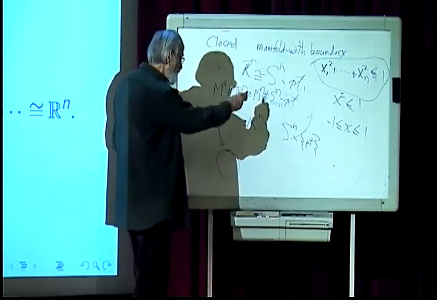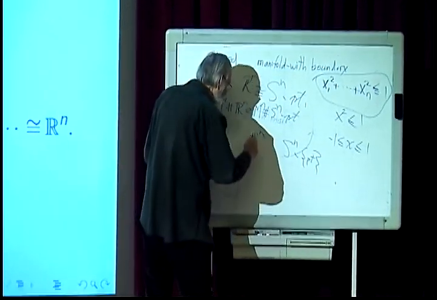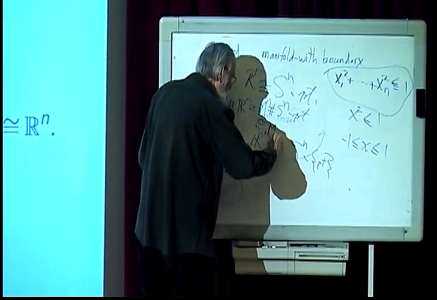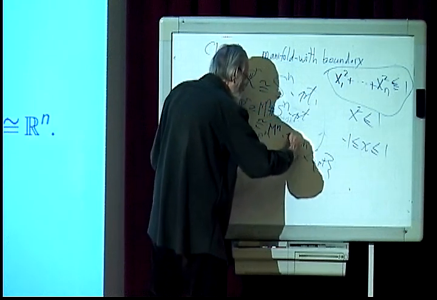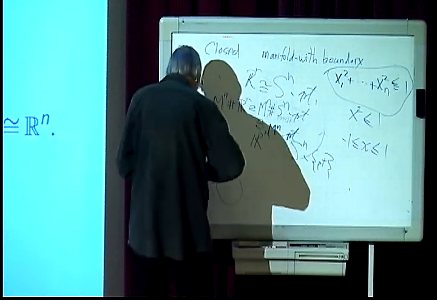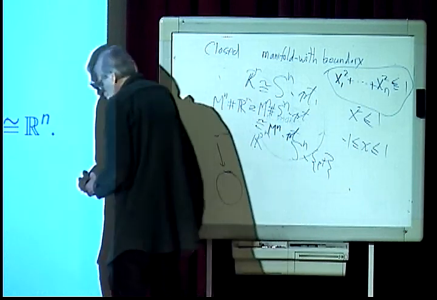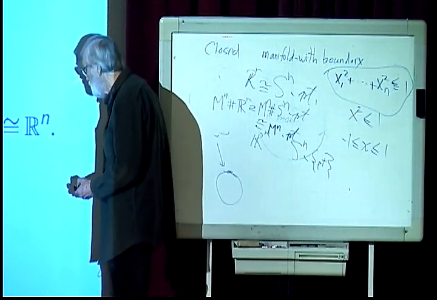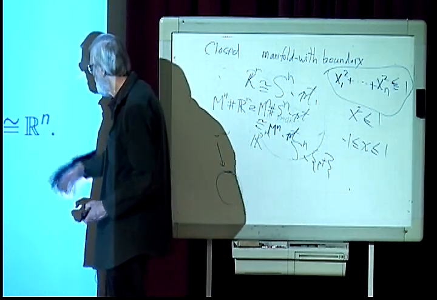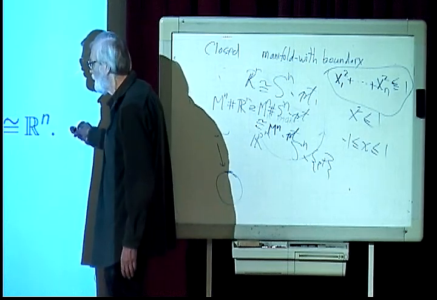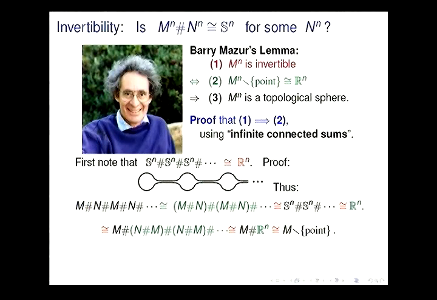But remember, Sn is the identity element, so this is isomorphic to Mn minus a point. So putting this all together, we see that Rn is diffeomorphic to M with a point removed.